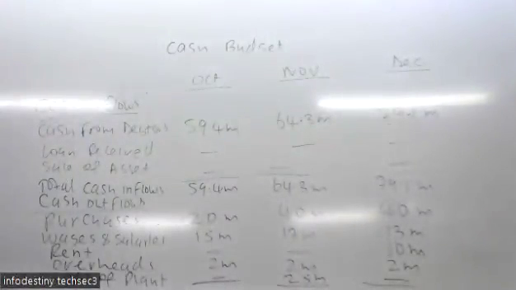So get those total cash outflows, subtract them from the inflows, and get the net cash inflows.